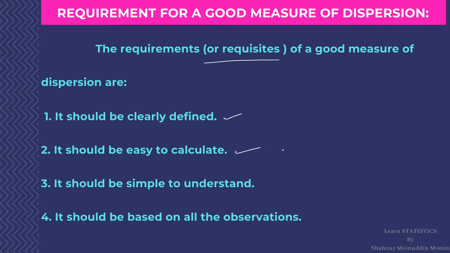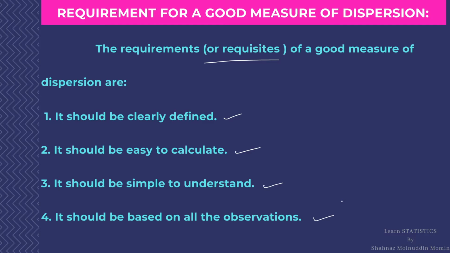Next one is it should be simple to understand. Whatever may be the measure of dispersion we define, it must be simple to understand for everyone. Next one is it should be based on all the observations. Means the point should be taken into mind that while defining the measure of dispersion, it should depend on all the data.